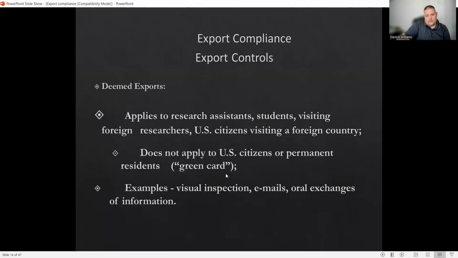If they're a green card holder, the law looks at them as a U.S. person. So, if they've come here legally, they've gotten that documentation, they're good to go. You can share that information with them. If they haven't done that, again, you've got to have controls. Doesn't mean they can't be in your building. You just have to have controls to isolate them from seeing the technical data, handling the product.